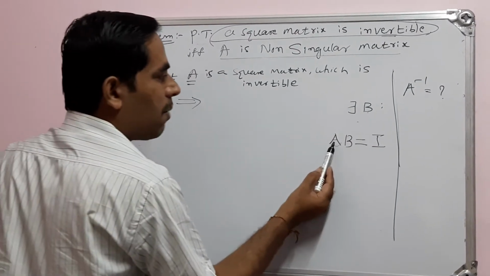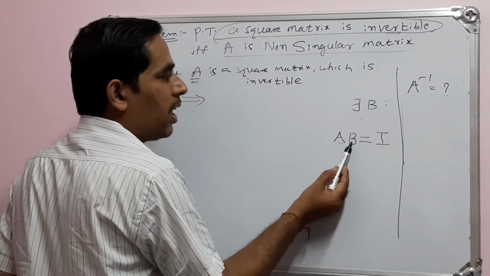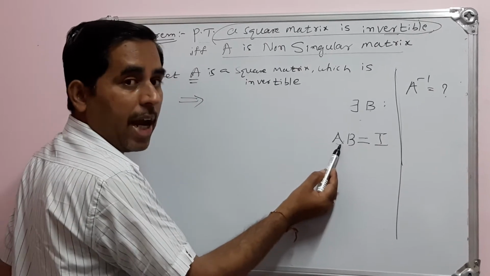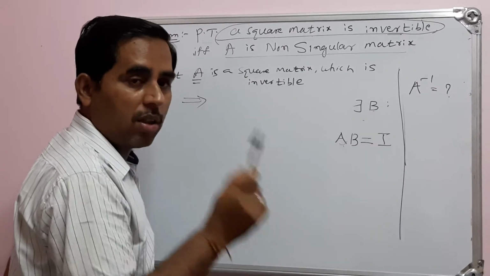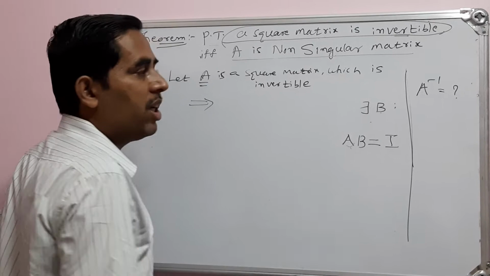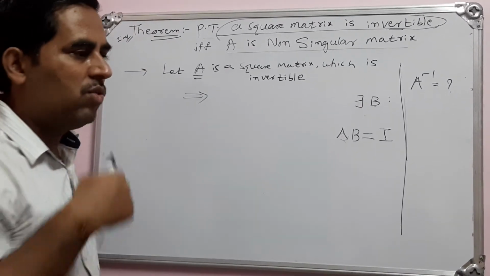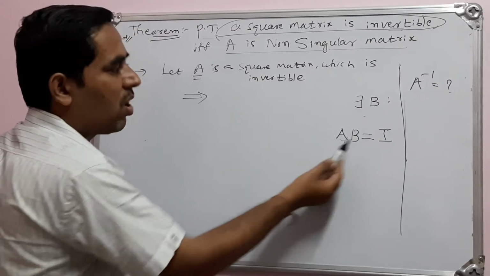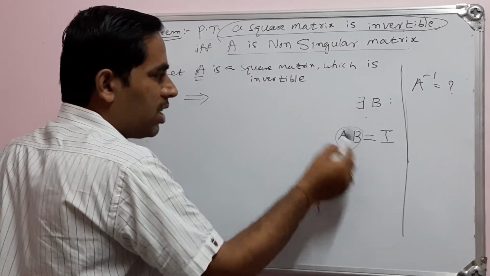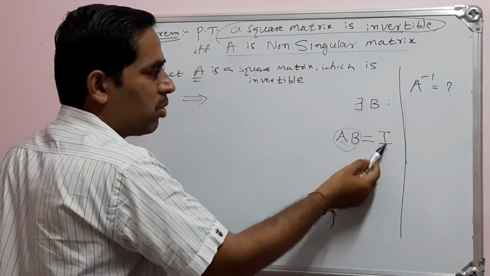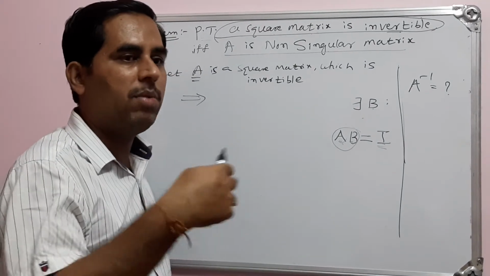Then only we say that B is the inverse of A. We can recall this definition: when I multiply those two matrices, I should get the identity matrix. Then only one matrix will be the inverse of the other.